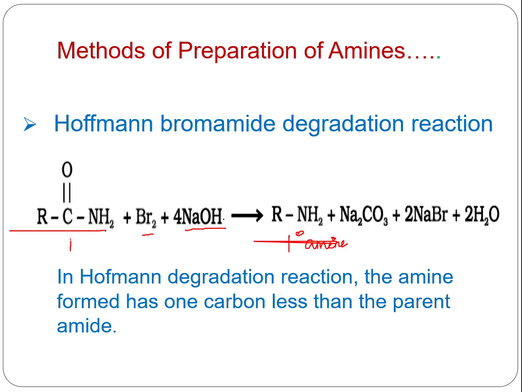This reaction is very important because many of the conversions which we will be studying in amines are based on this Hofmann bromamide reaction. The decrease is called descent of the series, because there is a decrease in the number of carbon atoms, and the amine that is formed has one carbon less than the parent amide.